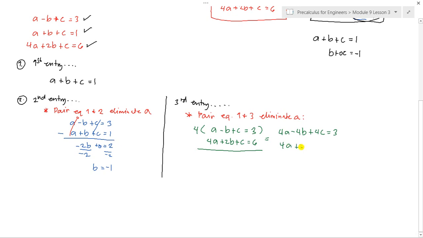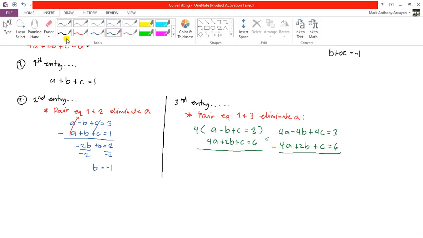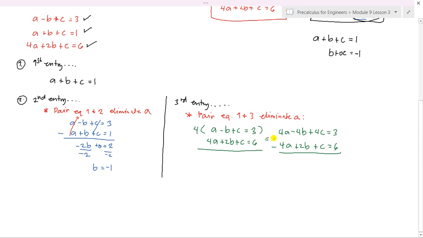Then below, 4a plus 2b plus c is equal to 6. Here I'm going to subtract, right? Is that okay, class? We subtract, so that 4a is eliminated, right? It becomes 0.